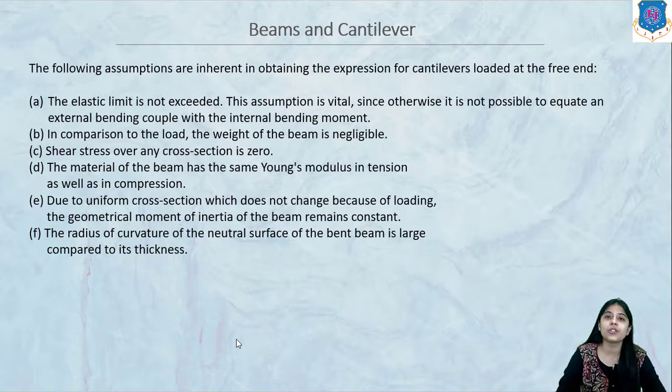This assumption is very important, otherwise it is not possible to equate an external bending couple with the internal bending moment. So to get the expression of the external bending couple with the internal bending moment, you should consider this assumption that the elastic limit is not exceeded.